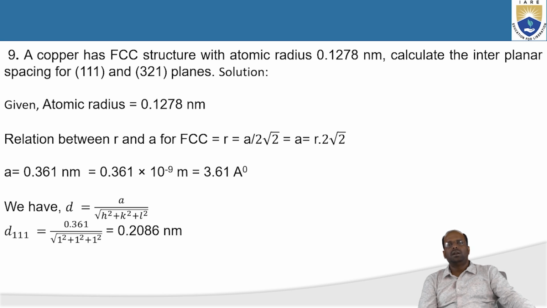That is nothing but 0.2086 nanometers. Likewise, we need to take 3.61 angstrom divided by square root of 3 square plus 2 square plus 1 square. Then we are getting 0.0965 nanometers. That is the separation between the planes we got from this problem.